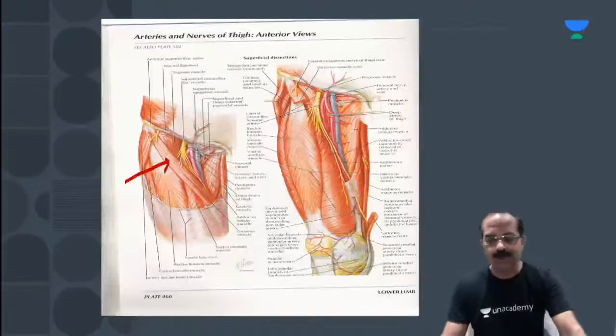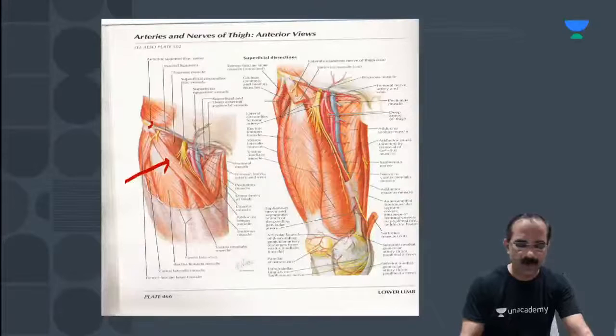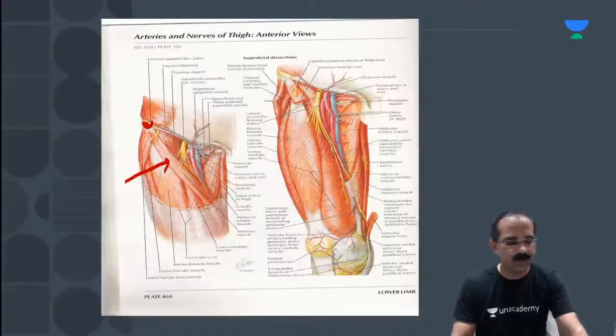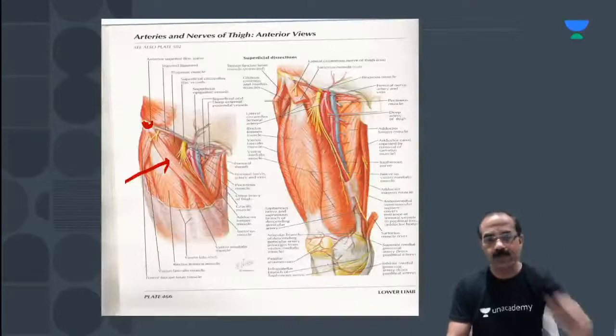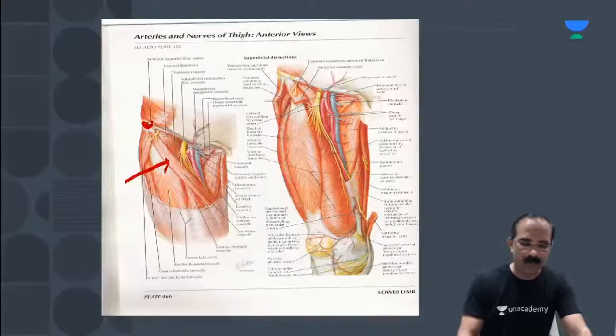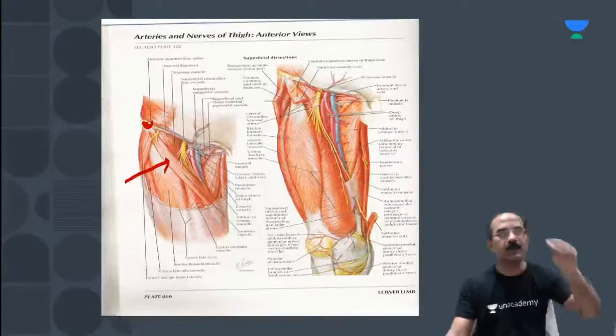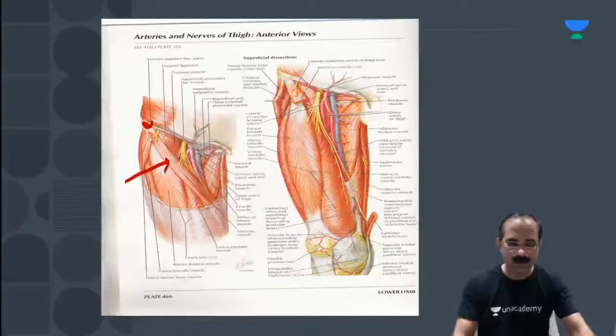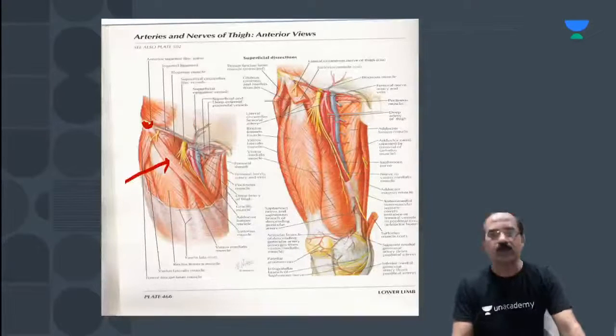Now, what is the origin of sartorius? It begins from the anterior superior iliac spine. It crosses the hip joint from the lateral to the medial side. It crosses the knee joint also.